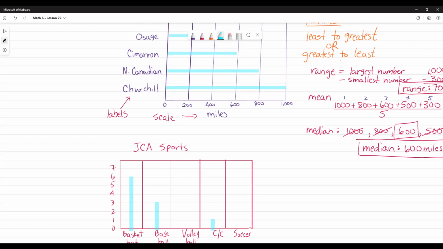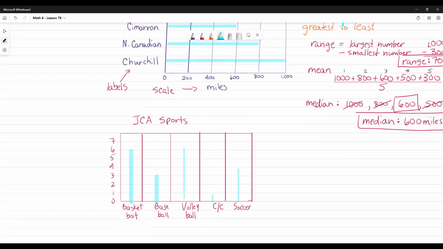I know I had 1 cross country fan, and then say 6 for volleyball. I might be getting volleyball and basketball mixed up, but I'll say 6 for volleyball, random, and then 4 for soccer.